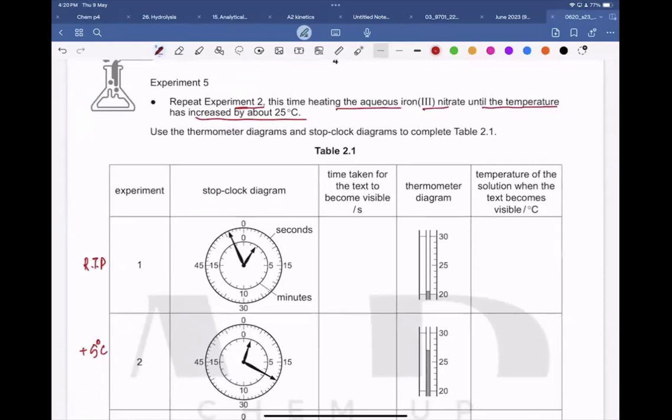Now, we have the stop clock diagram. If you see over here, the time taken for the text to become visible, and the temperature of the solution when the text becomes visible.